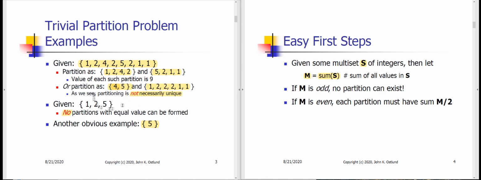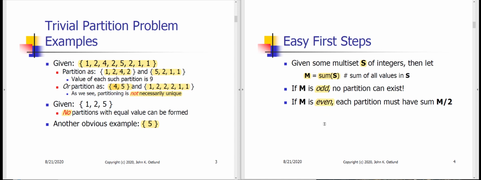Then, as I already sort of described with this example of 1, 2, and 5, if it turns out that the sum of all the values in the multiset is odd, then clearly it's not going to be possible to divide that in half and have two integer multiset sums that are equal. So right away, if we compute the sum of all the items in our multiset and discover that that value is odd, we know it's not going to be possible to come up with a partition.